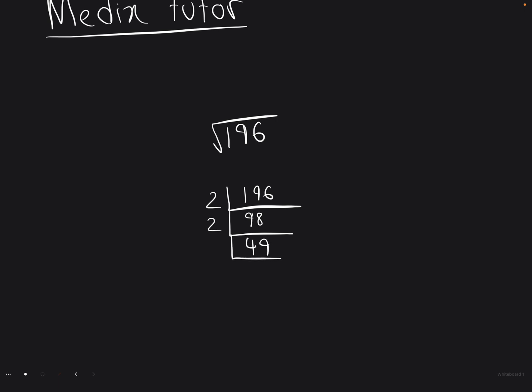Now we can see that the last number of 49 is not even, so it's not divided by 2 anymore. So what other number is there that 49 can be divided by? Is it 3? Nope. Is it 4? Nope. Is it 5? Nope. Is it 6? No. Is it 7?